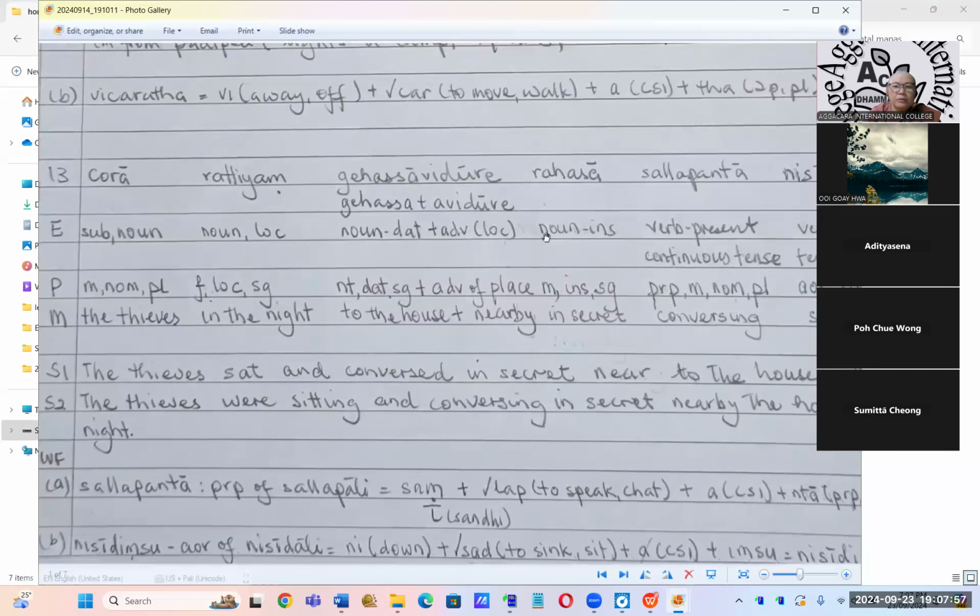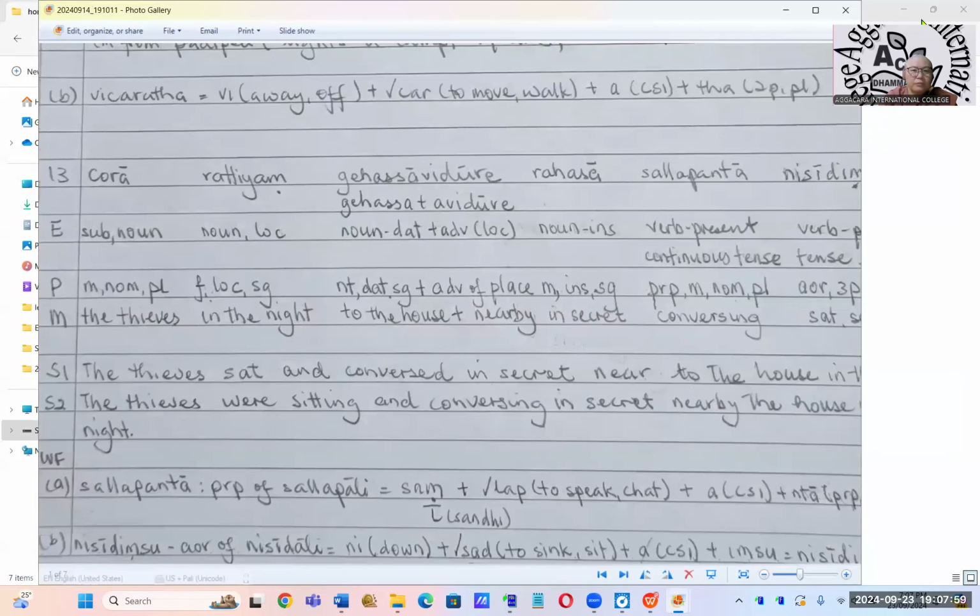Now the third one. Chora, the thief, is the subject now. Ratiyam, in the night, right? Gehasa avidure. Now avidure is a locative. So this one, I don't think it's a dative.